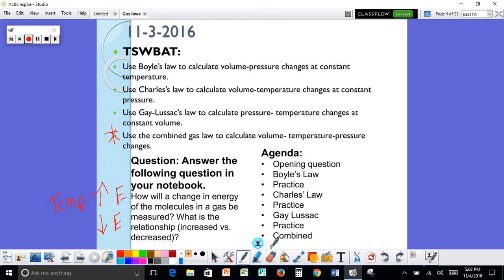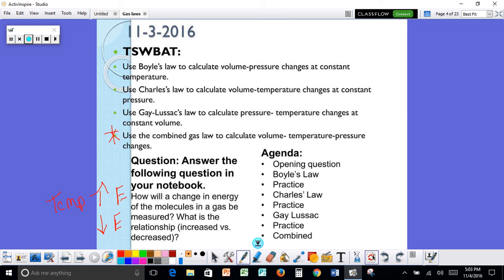So real quick, wanted to go over the question with you. The opening question says, how will a change in energy of the molecules in a gas be measured? So what I want us to think about, anytime energy is changing for a gas, we can think about it in terms of temperature.